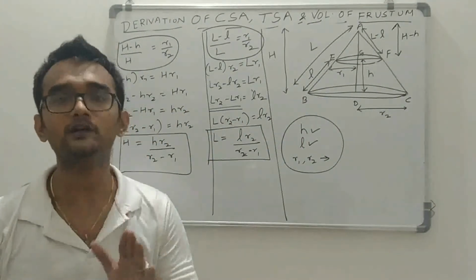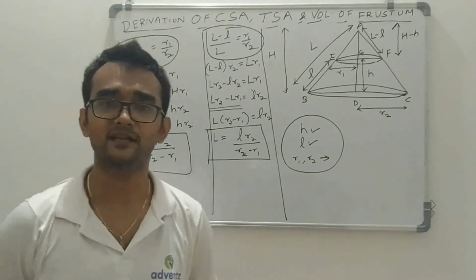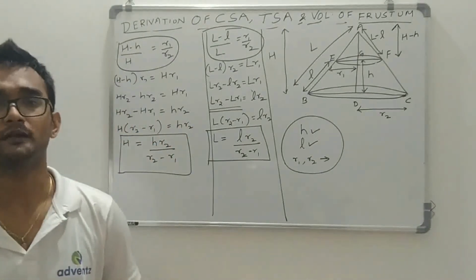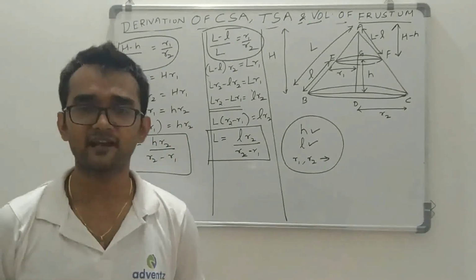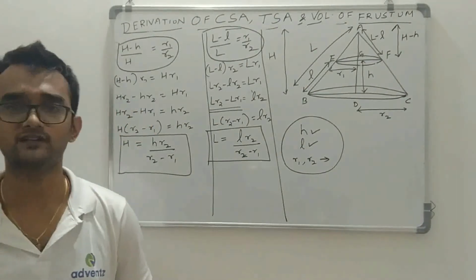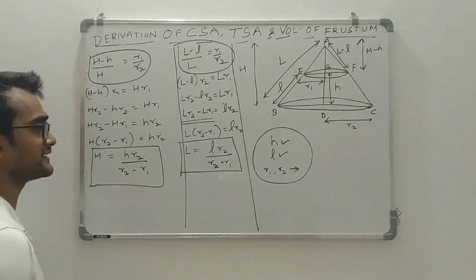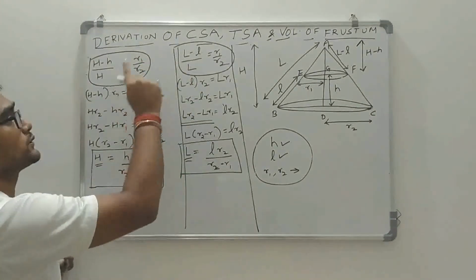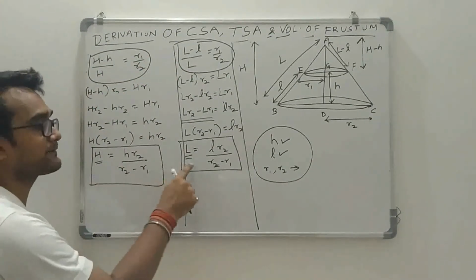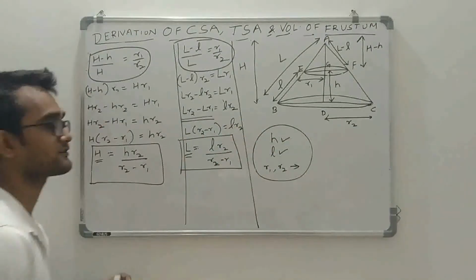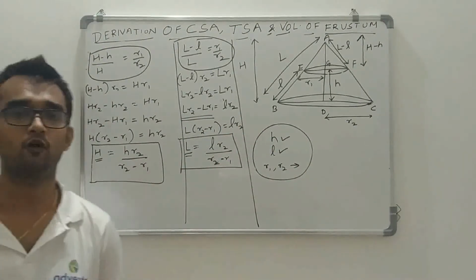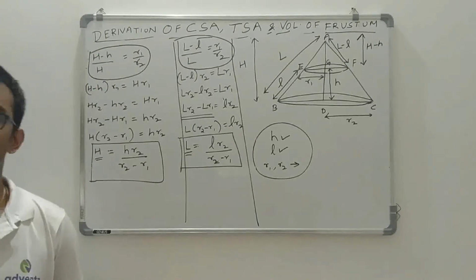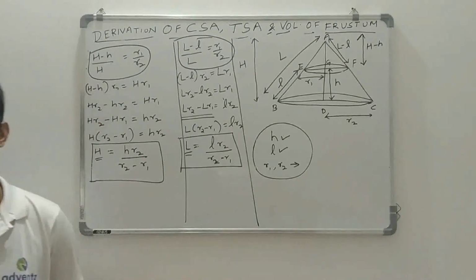So I do not need the value of capital H and the value of capital L while deriving the different formulas of Frustum. That's why I have extracted the values of capital H and capital L from these two equations, because capital H and capital L are not involved in the basic parameters of Frustum or in the formulas of CSA, TSA and volume of Frustum.